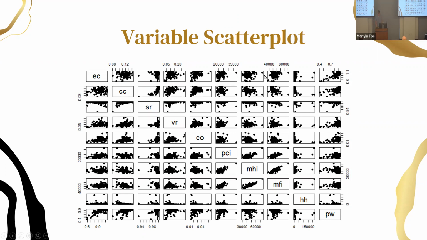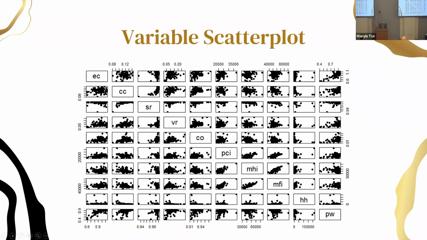So as you can see here, we want to find some sort of linear trend, which would mean that there's a general linear association between the two variables. And you can see that between percent white and economic connectedness, there's more of a linear trend there, just looking at it generally.